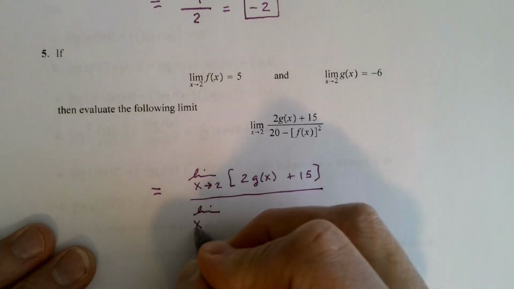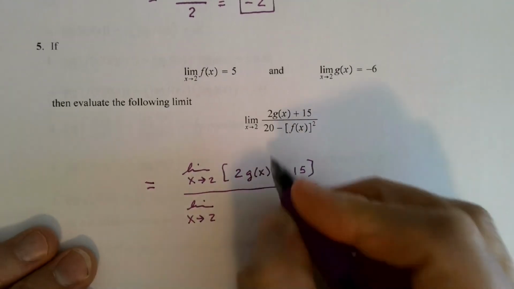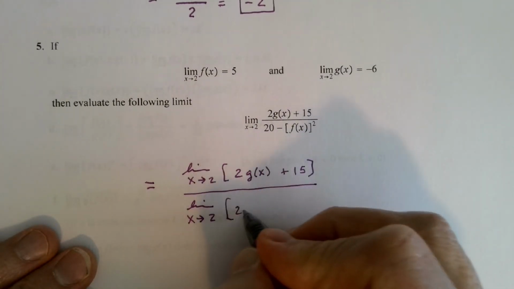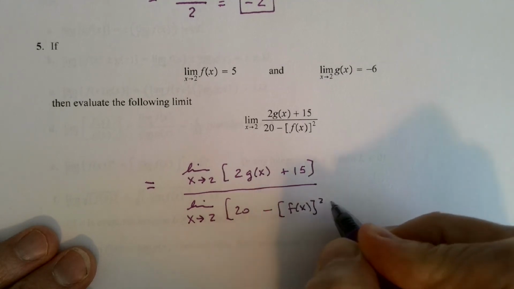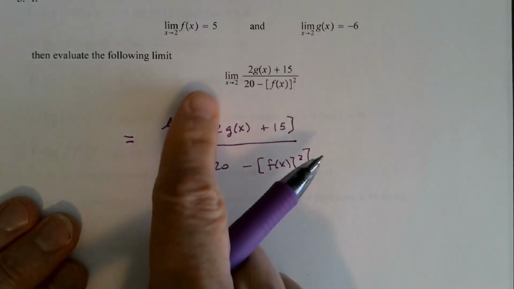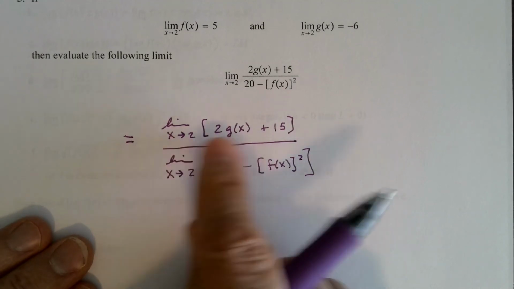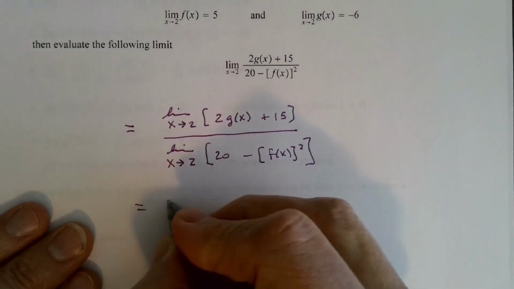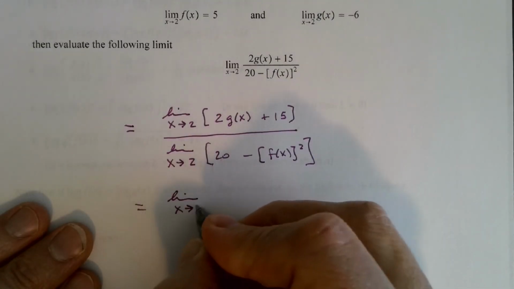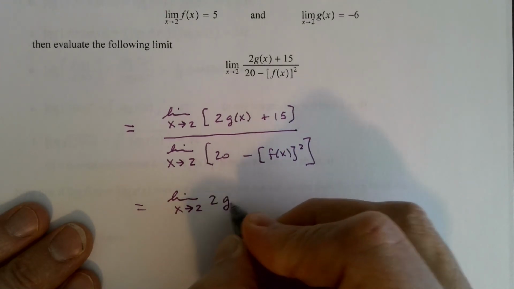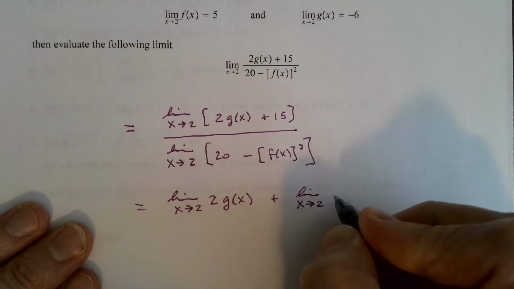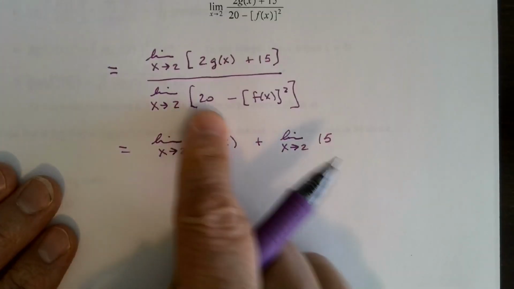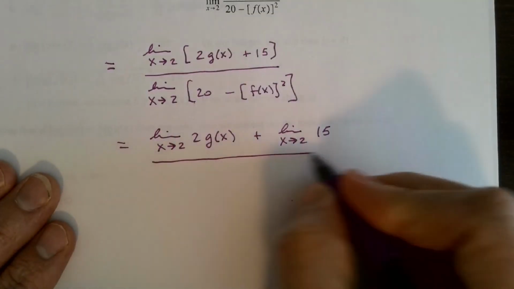I guess I'm going to do this one more time. I said I'd maybe only do it once, but in these ones you really have to do it in the sense that we see all the limit laws. All right, so the limit of a quotient is the quotient of limits, and then the limit of a sum is the sum of the limits. And the limit of a difference is the difference of the limits.